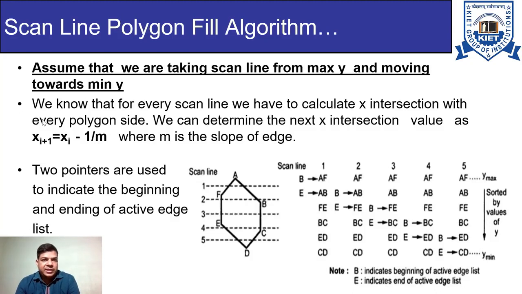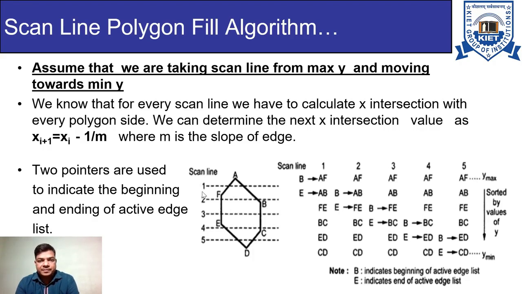So in the scanline polygon fill algorithm, we are moving from y equals max to y equals min. Here you can see the polygon, and we are maintaining one list which is called the active edge list.